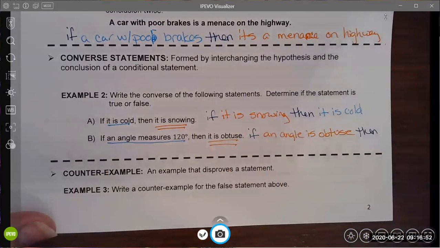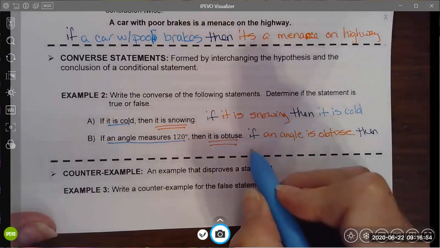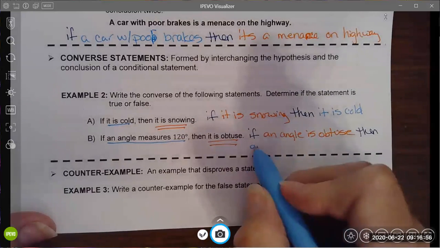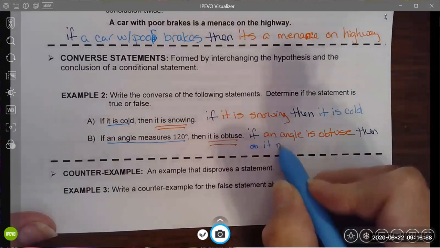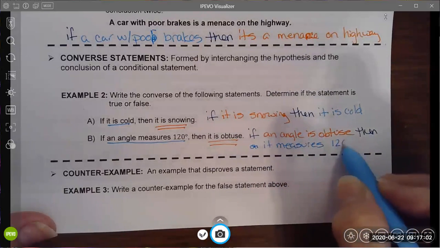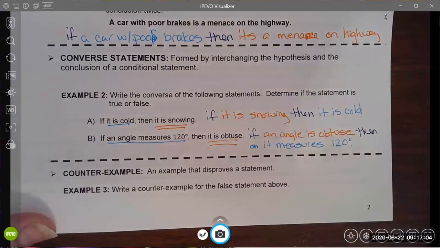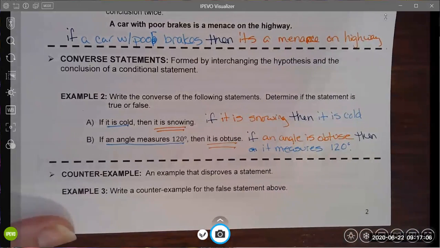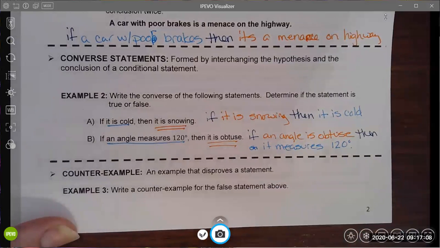You didn't have to rewrite this, you could have just written it as it was. You could also have written the converse as, if it is obtuse, then an angle measures 120. And that also would have worked. It's just harder for my brain to process.